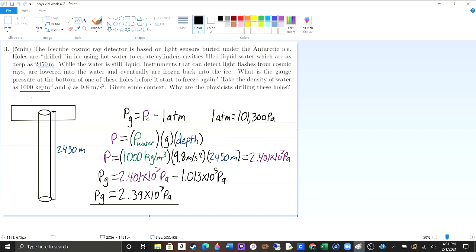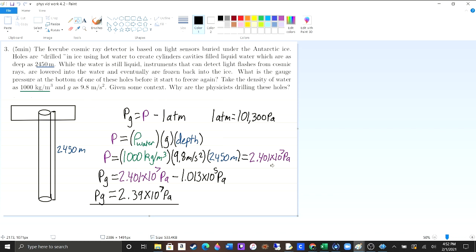And then to find the pressure, we have to multiply the density of the water, so 1,000 kilograms per meters cubed, times our gravitational constant, and then times the depth of our hole. So we can plug in all of these values, so 1,000 kilograms per cubic meter, 9.8 meters per second squared, and 2,450 meters.